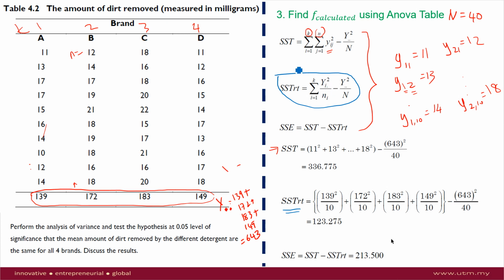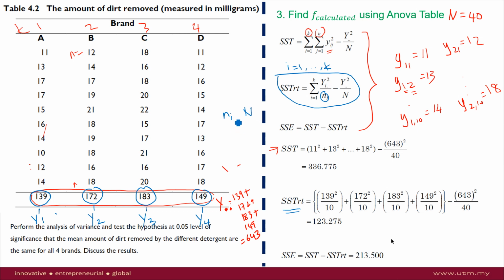I is for level, since i goes from 1 until K. So this 139 is for your Y1, 172 is for your Y2, this one is for your Y3, and this one is for your Y4. So you substitute all these Y1 until Y4 into the formula. Don't forget to square all of the values and divide by the small ni. So what's the difference between ni and n?